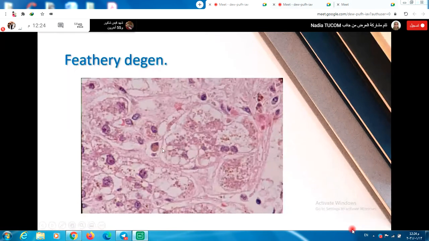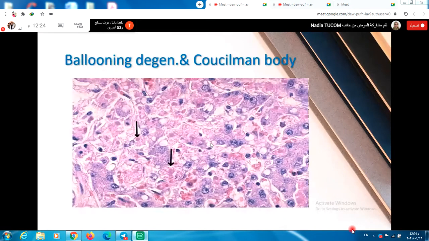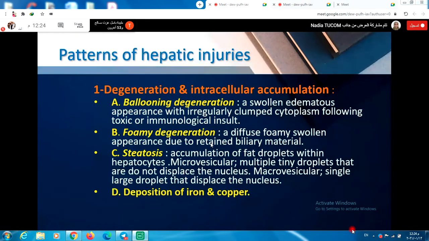So bile is seen within the cells, with intracellular and extracellular accumulation of bile. The brownish material here is bile accumulation, feathery or foamy degeneration.